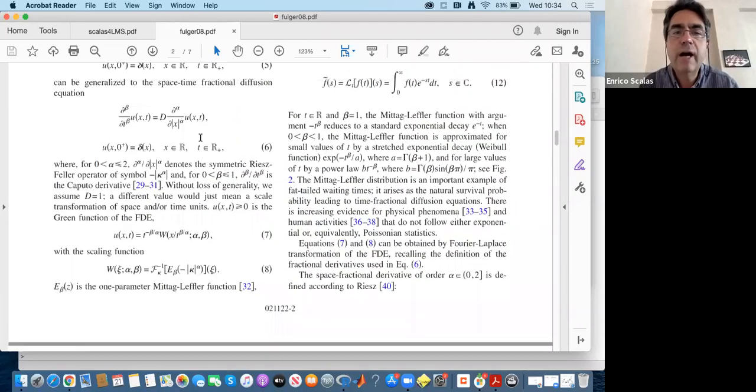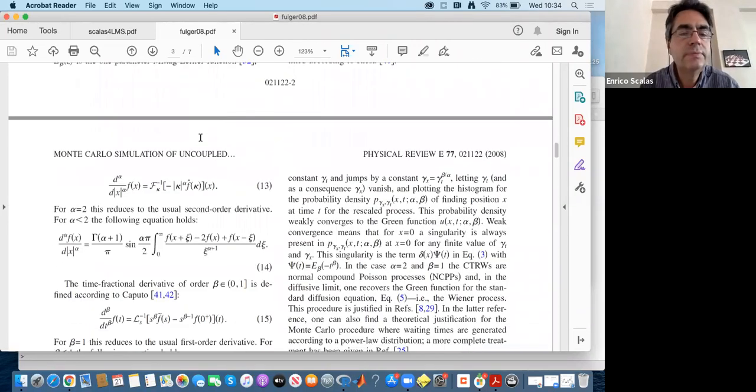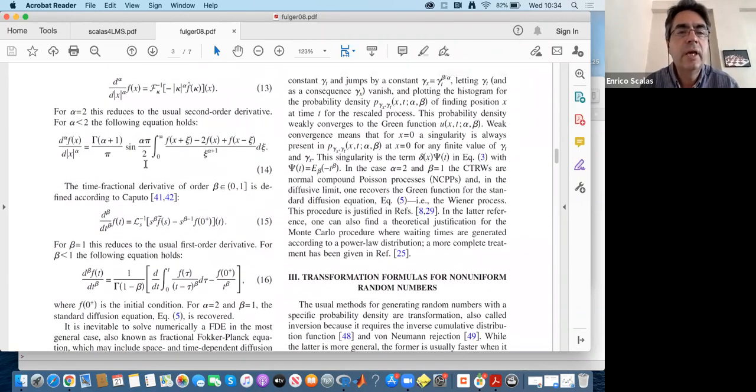It is possible to write the operator in an explicit form, equation 14, where you see that you would need to know values of the function far away from the point where you are interested in this derivative. So you have this sort of convolution integral with this power law kernel.